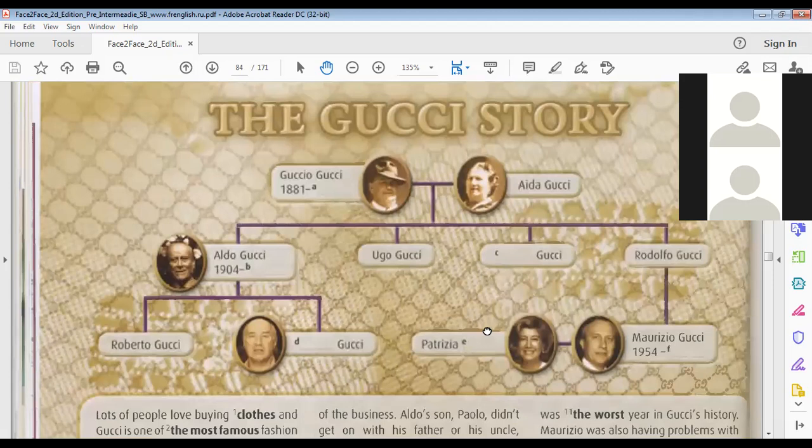What do you think fashion means? You can try. What do you think, Selma? Fashion. Have you seen this word before? Fashion? What about you, Dua? What do you think when we say fashion?